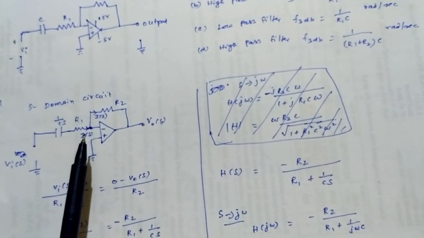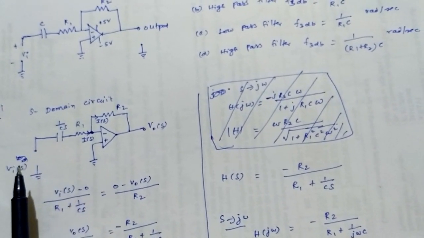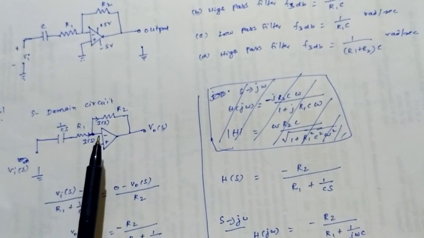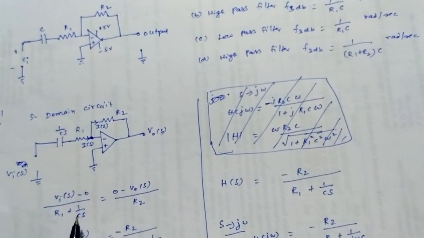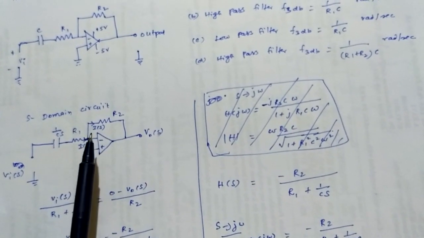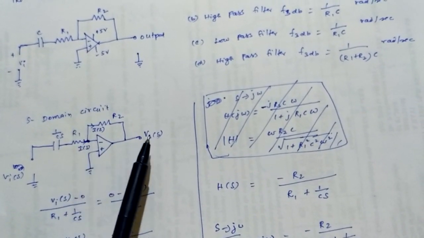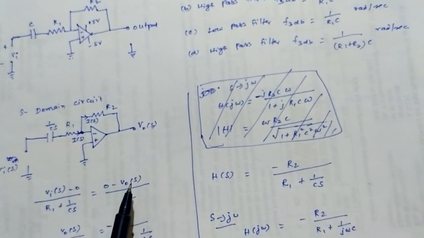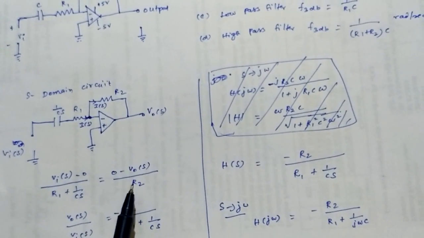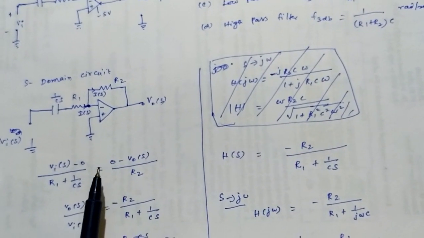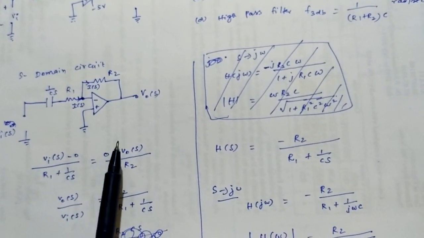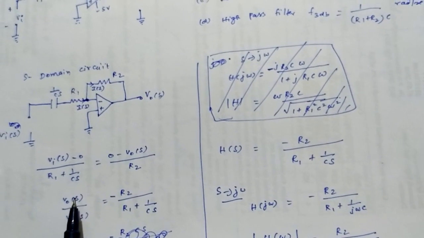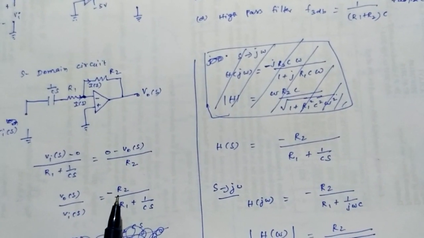So this I of S can be written as the potential difference V1 minus 0 over this impedance value, is equal to 0 minus V0 divided by R2. Both the currents are the same. From this we can write output by input. After simplifying this equation, V0 by Vin is equal to this answer.